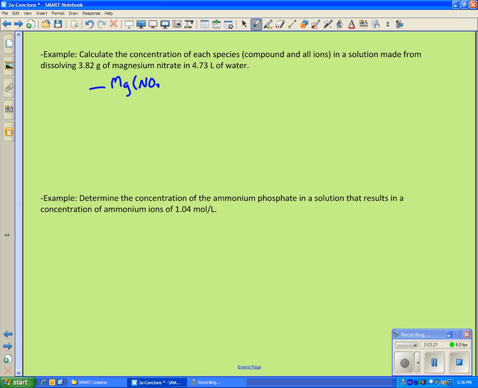So magnesium nitrate, which has 1 magnesium and 2 nitrates, when it dissolves, will dissociate into magnesium ions with a charge of 2+, and nitrate ions with a charge of 1-. And again, we want to balance this so that we have the same number of each of those ions on both sides. So for each 1 magnesium nitrate, we will have 1 magnesium ion and 2 nitrate ions.